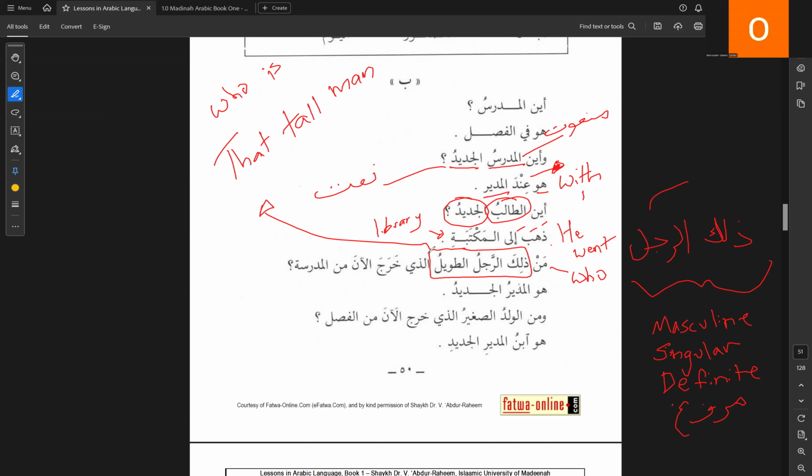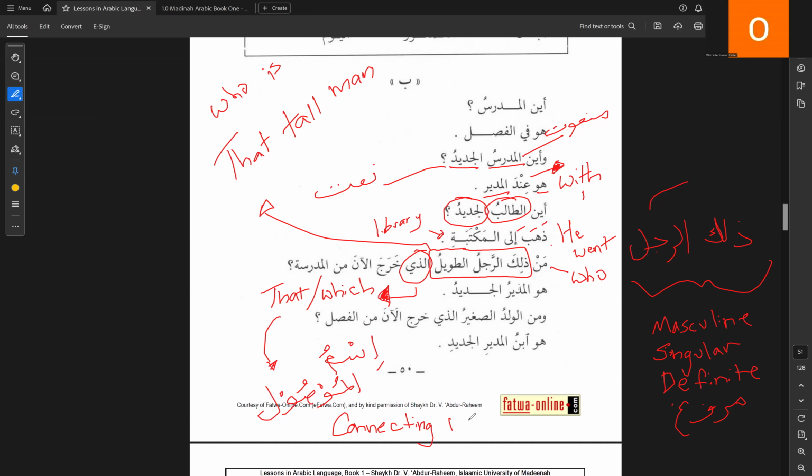Then the word alladhi. What does alladhi mean? Alladhi means either that or which. It's called ism al-mawsul, which, if you translate that, is connecting word.